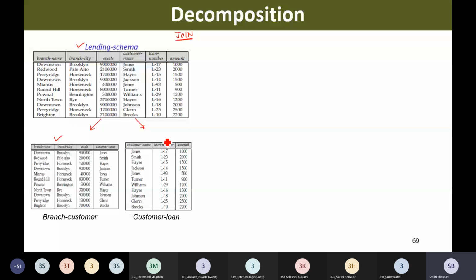We have seen the definition of natural join.